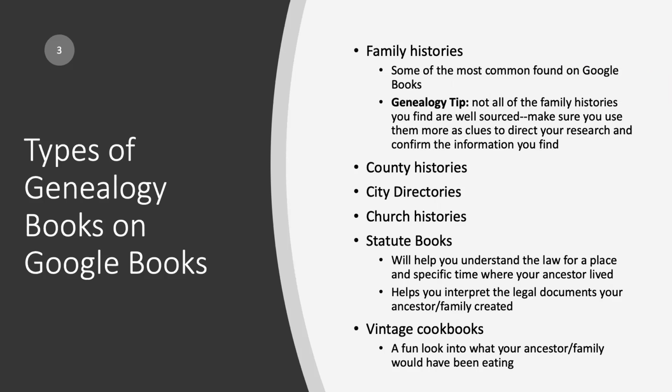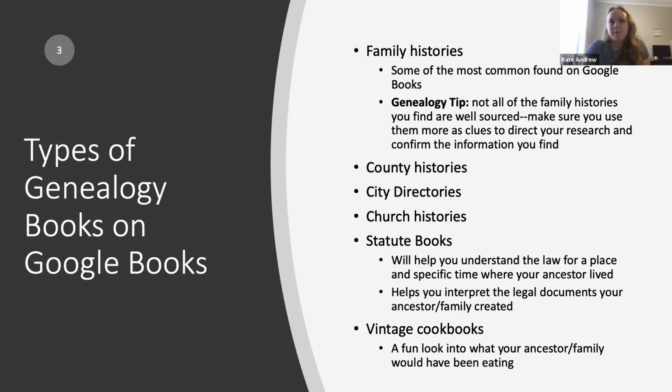Just a little genealogy tip: regardless of where you find a family history book, not all family history books are well sourced. So make sure that when you're looking at these family histories, if they don't have sources attached to the facts or the biographical information presented in those books, you use them more as clues to direct your research.